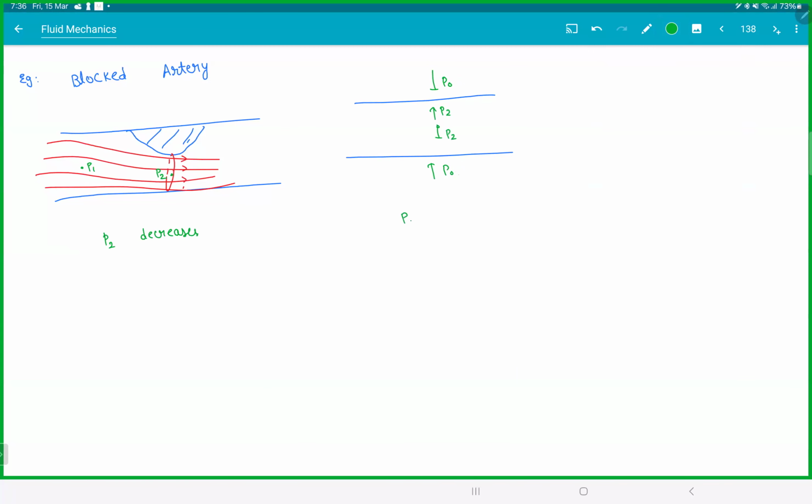And here, P0 is greater than P2. What will happen? Your artery will get pinched. You're getting it? It will actually get crushed. And the blood flow completely stops. You're getting this? That little blood which is flowing, that also will completely stop once the pressure difference becomes large enough. Your artery cannot withstand that compressional force. That is the reason after clearing the artery, what they do, they keep a stent inside.